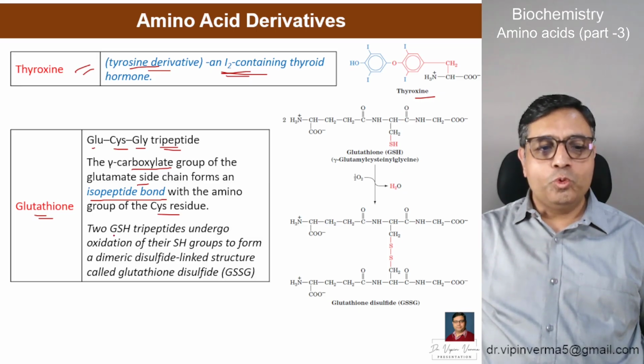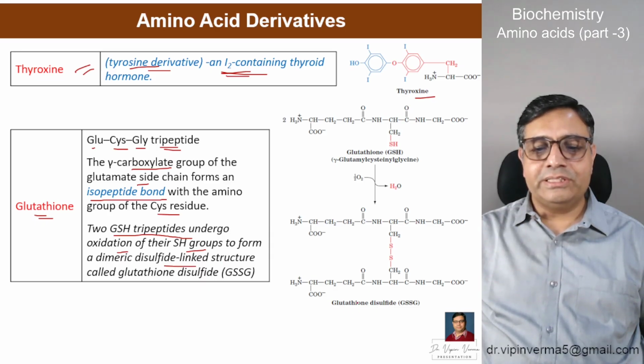Now, when two glutathione tripeptides undergo oxidation of their thiol groups, they form a dimeric disulfide linked structure, and this structure is known as glutathione disulfide, GSSG. So you can see here, which is bound by a disulfide bridge here.